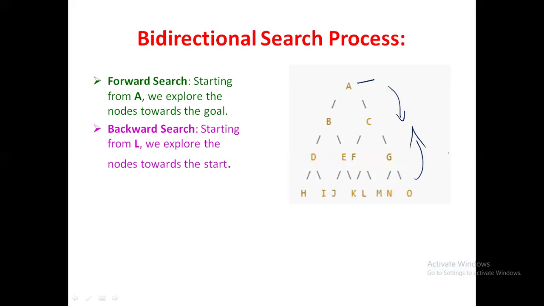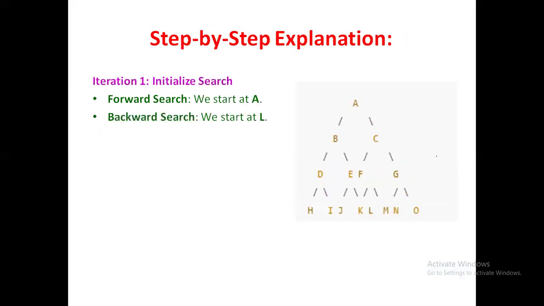When the two searches meet at a common node, the algorithm reconstructs the shortest path. This approach significantly reduces the number of nodes that need to be explored, making it more efficient for large graphs. In the first iteration, we initialize the searches. At the start, the search initializes two separate processes.